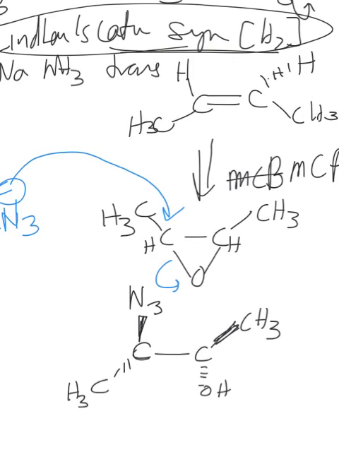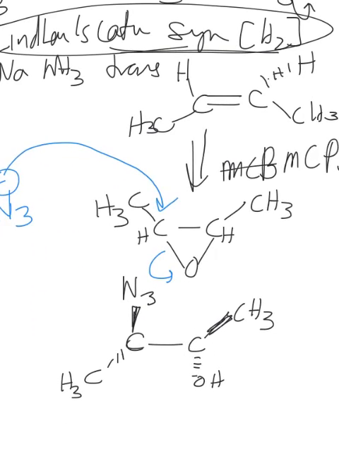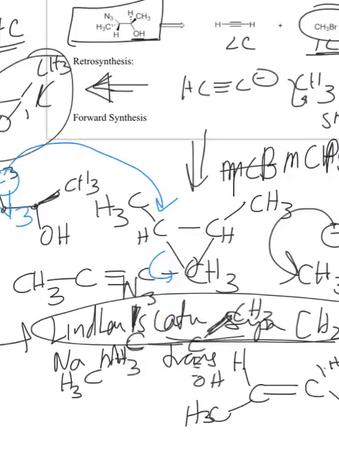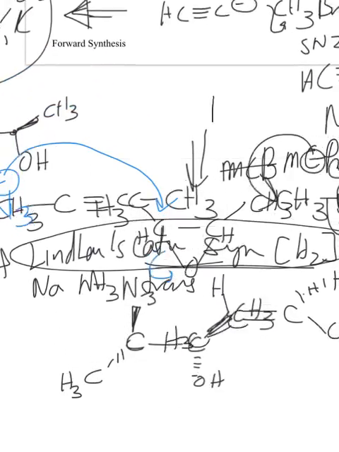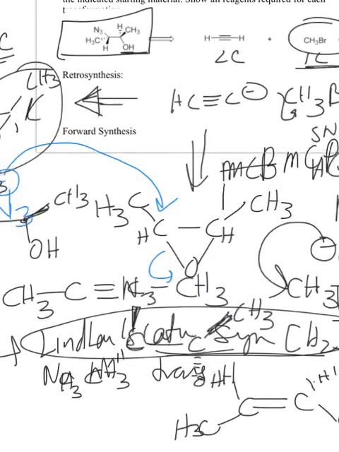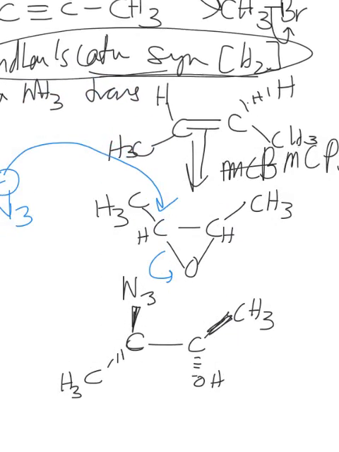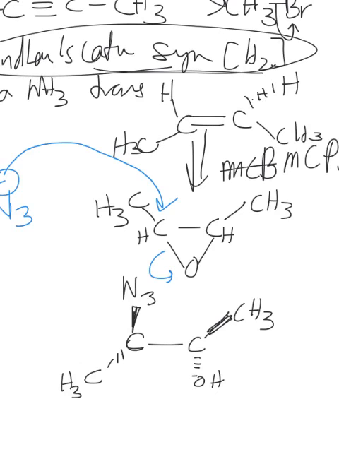Now let's look. And CH3 up is good, CH3 down is good. So Lindlar's catalyst works. Okay, so you just practice, and the important thing is just to practice these and try to pull in.